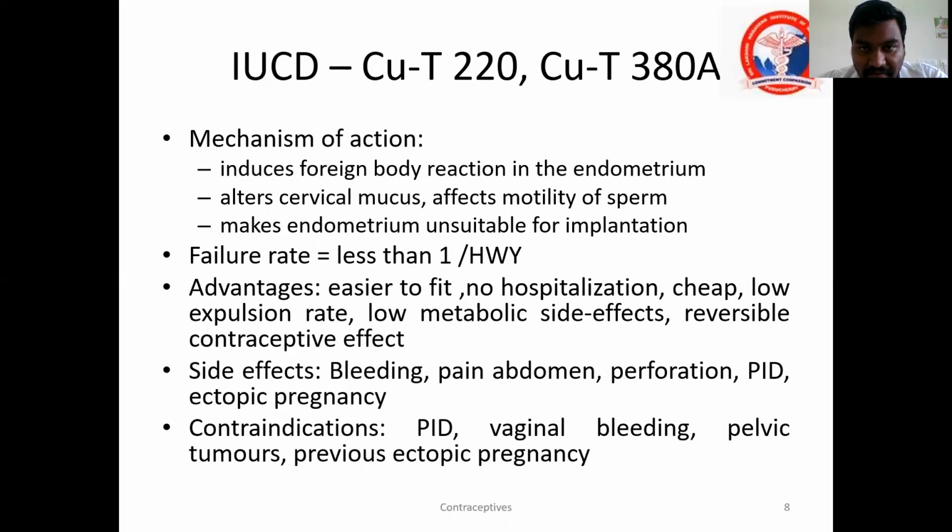Cellular changes at the level of the endometrial lining, biochemical changes in uterine enzymes, and also biochemical changes in cervical mucus secretion; it thickens. By this method, it affects the motility of sperm, capacitation of sperm, fertilization, and also it makes the endometrial layer unsuitable for implantation.